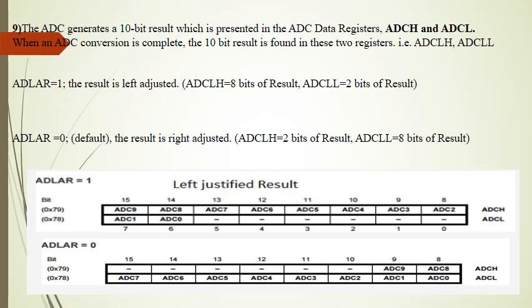Left adjusted means out of the 10 bits, 8 bits will be stored in the high register and 2 bits in the low register. If ADLAR is set to 0, which is the default condition, then the result is right adjusted. Right adjusted means, as you can see in the figure, 2 bits will be stored in the high register and the remaining 8 bits in the low register.